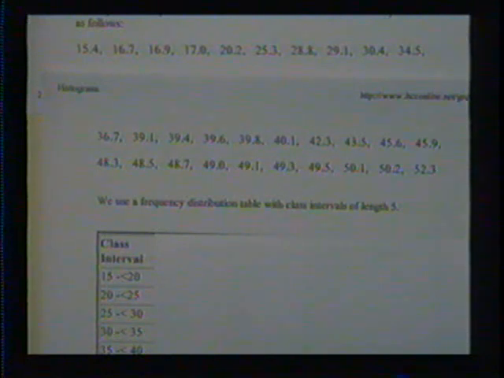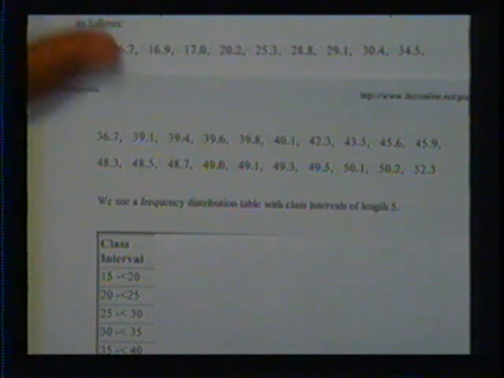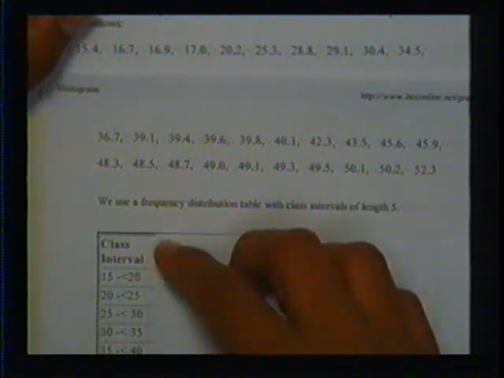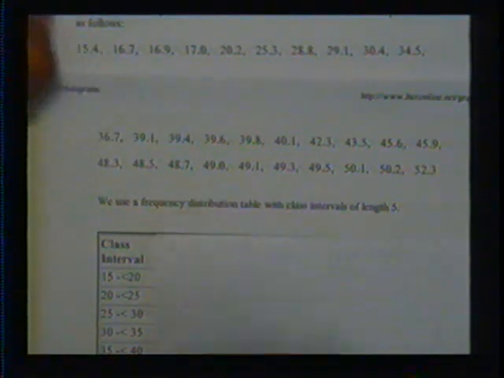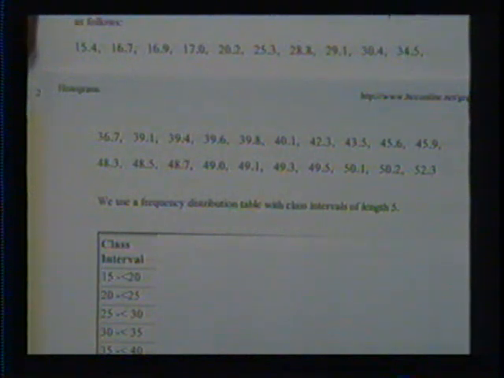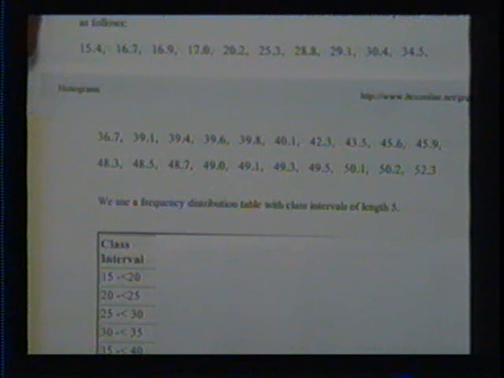So how many values you have between 15 and 20? Do we make a graph? Yeah, you have to make a graph, but first you have to calculate the frequency. That is, how many values you have between 15 and 20.